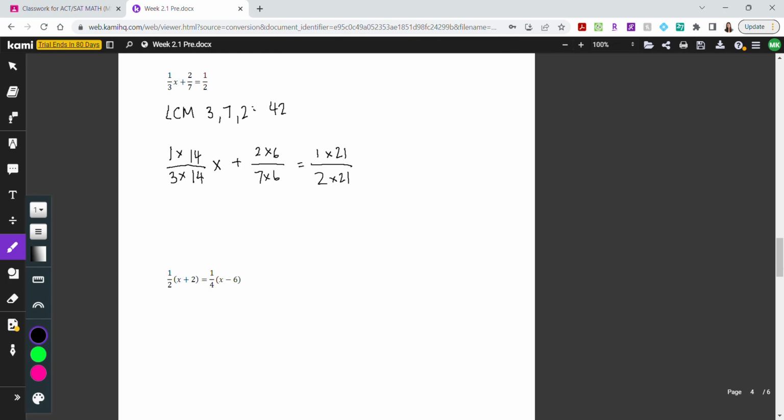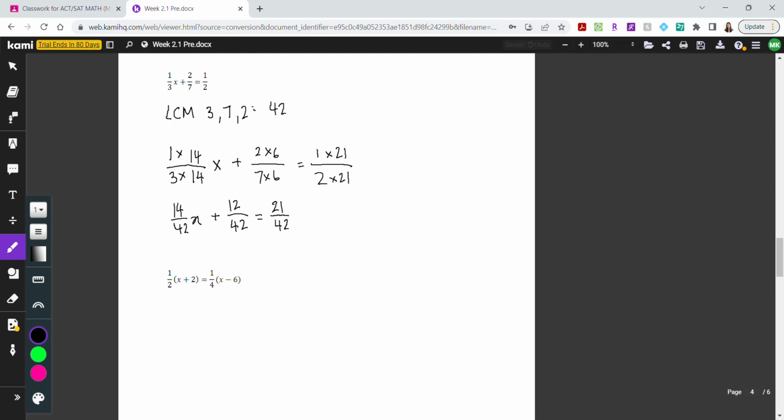Solve all this first, that's going to give us 14 over 42x, plus 12 over 42 equals 21 over 42.